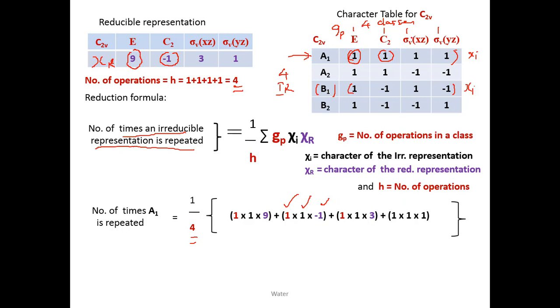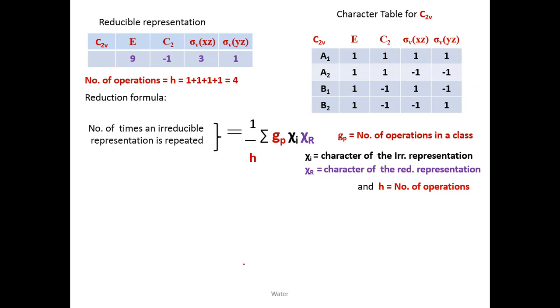For the third term, sigma v xz, g_p is 1, chi-a is once again 1, and the chi-r value for sigma v xz is 3. Likewise, you get the number of times A1 is repeated as 3 times. That means you find 3A1.